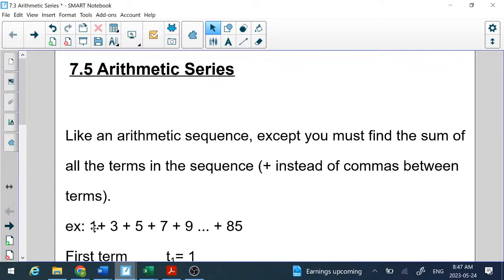When you have an arithmetic sequence or series, this will always be the case. You'll have a common difference between two consecutive terms. So 7 minus 5 is 2. 9 minus 7 is 2. What's the term before 85 in this sequence or series? 83. So to find the common difference, you just need any two consecutive terms.